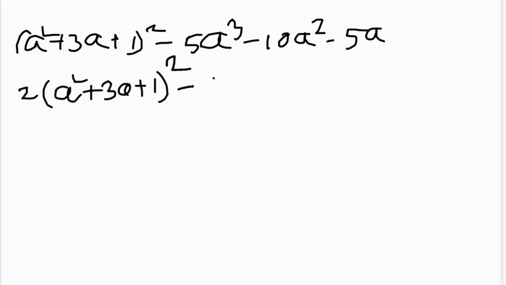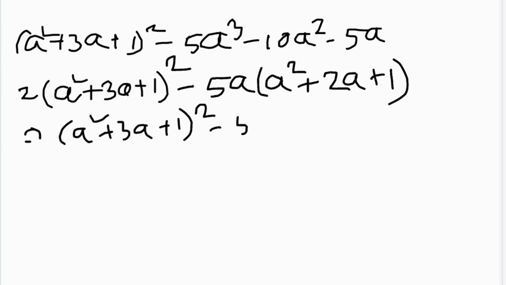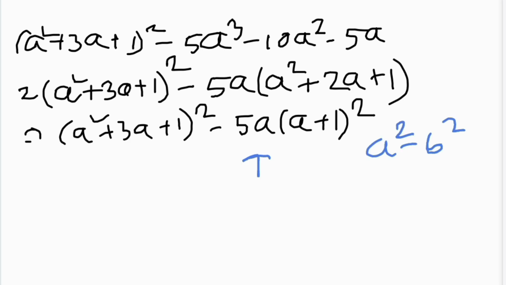As you can see, you can take 5a common here, so this will become a^2 + 2a + 1. So this is also a formula: (a^2 + 3a + 1)^2 minus 5a(a + 1)^2. Now look here. If we can make it a whole square, then it can give us the a square minus b square formula. And we know that a equals 5 raised to the power 25.